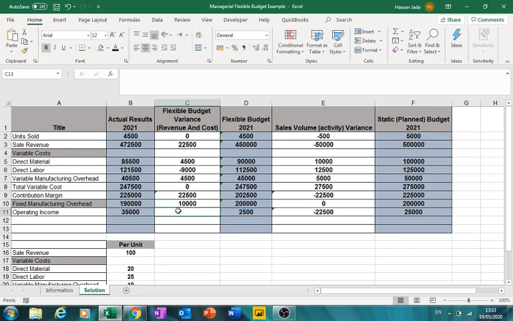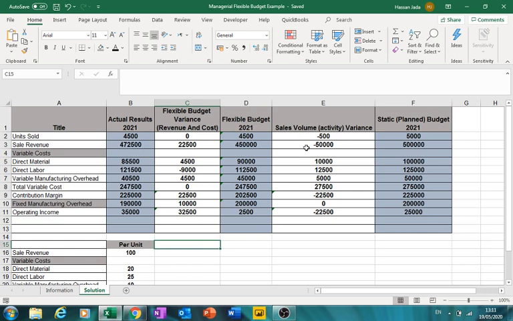And finally, for the operating income, we have the operating income minus the operating income in the flexible budget. Okay, then here we have the results of the budget, flexible budget, and the variances: activity, revenue and cost variances for the flexible budget.